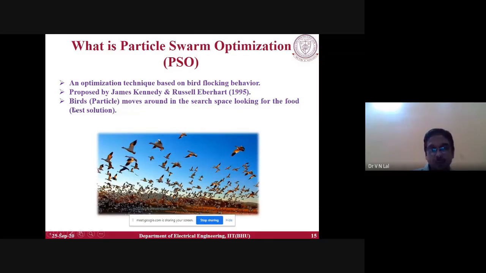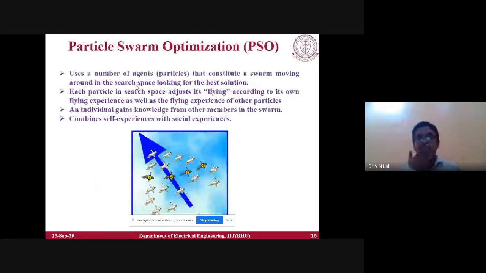Now these birds move around in the search space looking for food. Food is the best solution, the final solution, and a particle is a member of that swarm, a member of that flock, that is, a bird. So based on this behavior, that birds are searching for food and finally reach a single solution, particle swarm optimization has come into the picture. So what is the process?